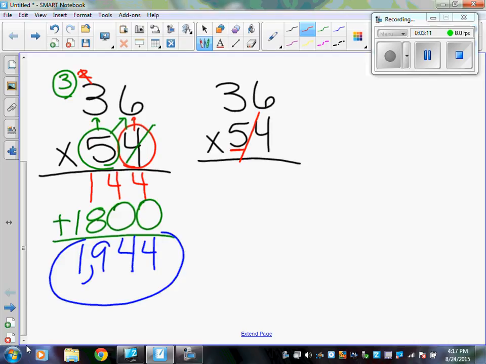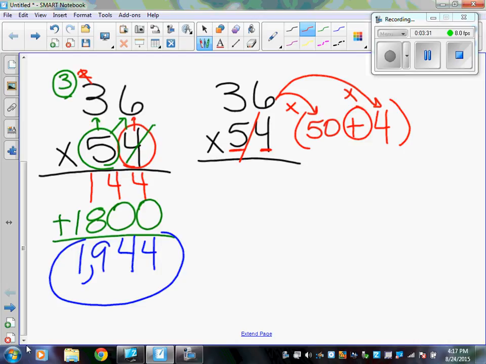We take the value of each number. The 5 is in the tens place, so it's worth 50, plus the 4 is in the ones place, so it's worth 4. Then I'm going to make 2 multiplication problems with this. I'm going to do 36 times 50, and then I will do 36 times 4, and then add them together.